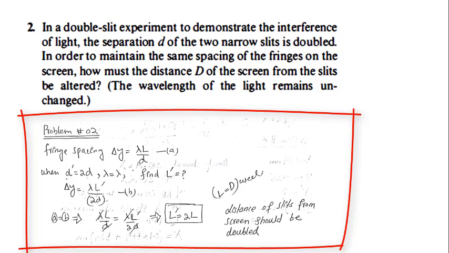Since the fringe spacing before and after remains the same, we can equate equations a and b. So this gives lambda L by d is equal to lambda L prime divided by 2d. So L prime is equal to 2L. It means the distance of the slits from the screen should be doubled.